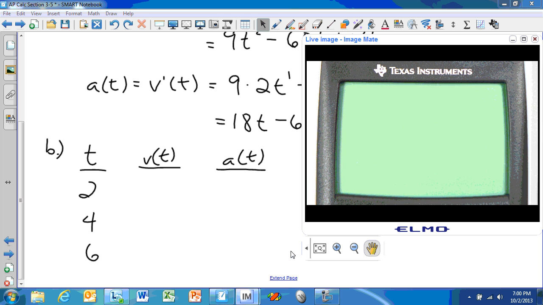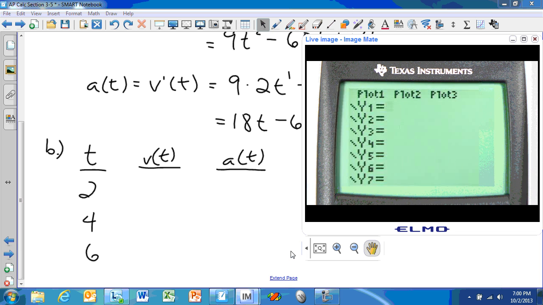But I'm going to just put in my velocity and acceleration for the time being, because that's all I really need right now. So take your velocity function, which we found was 9t squared, or 9x squared as we type this in, minus 60t, or minus 60x for us, and then plus 64. And for y2, let's punch in 18t minus 60, 18x minus 60.